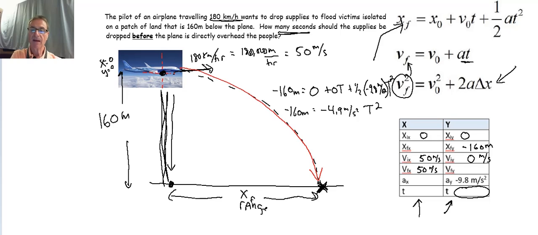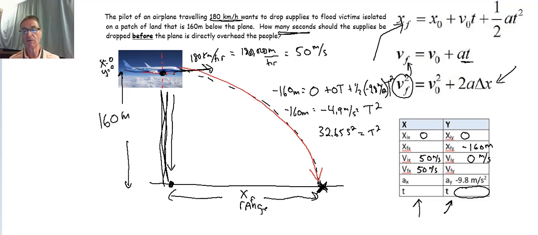All right. I divide both sides by negative 4.9 meters per second squared. That's, let's see, negative 160 divided by negative 4.9, and I get a value of 32.65 seconds squared equals time squared. All right.